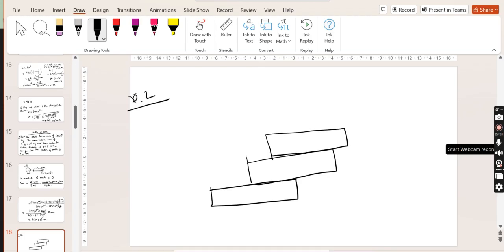So there are three blocks, which you can consider as a plank or brick.